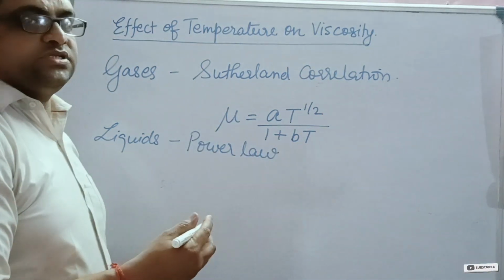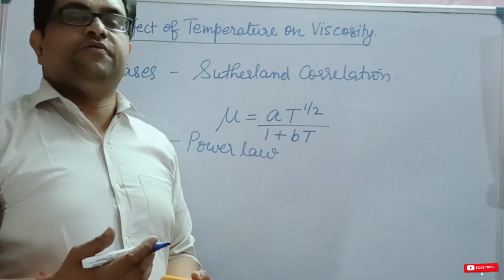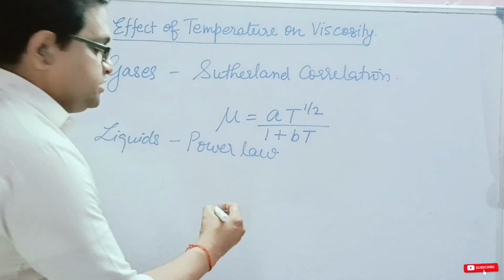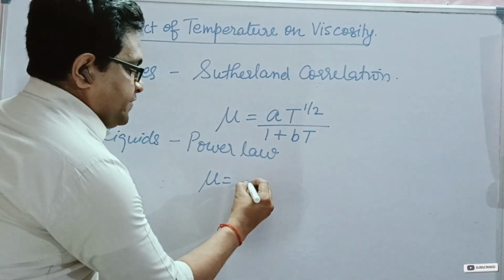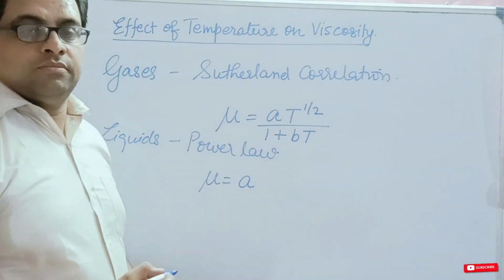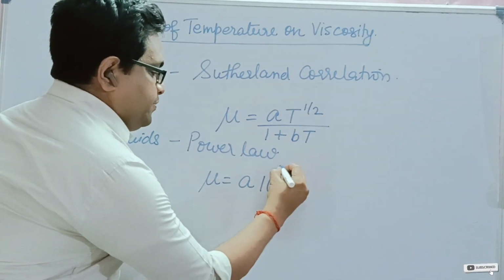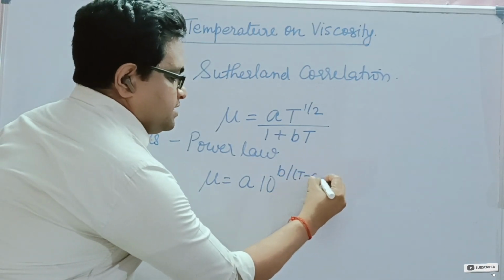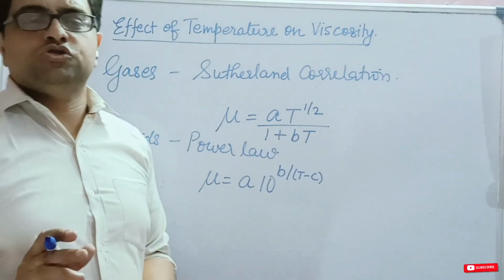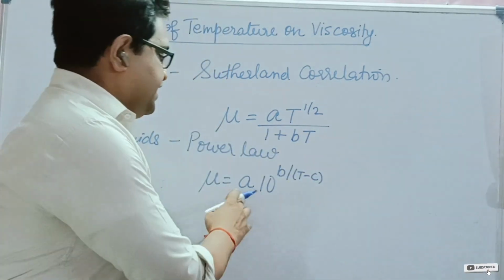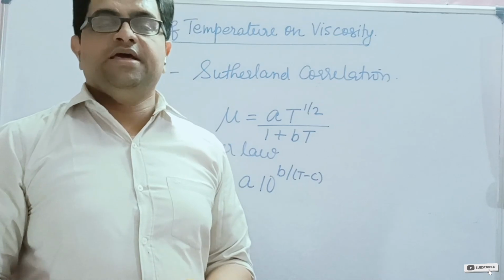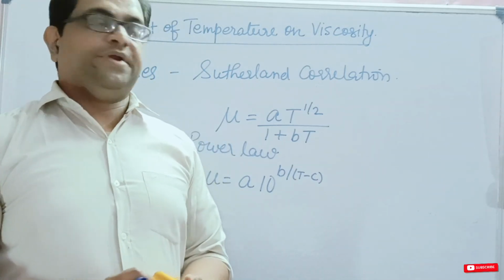The power law gives the relationship between the viscosity and the increase in temperature, and it is mu is equal to A 10 to the power B upon T minus C. Here also the terms A, B and C are constants which are determined experimentally, and T is the absolute temperature.